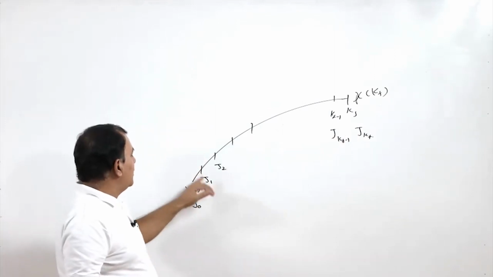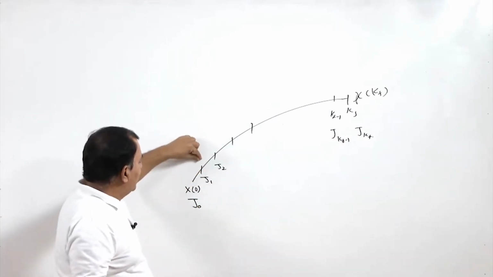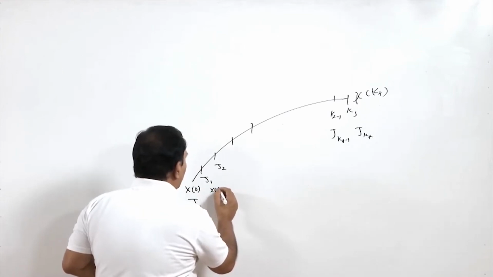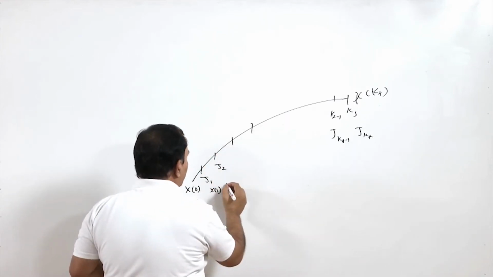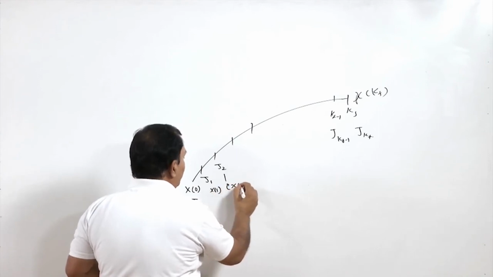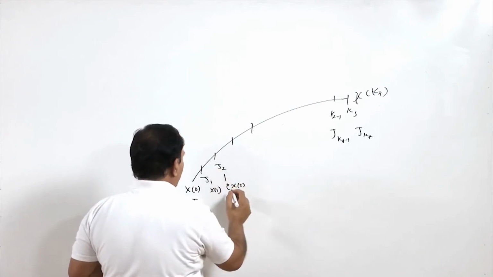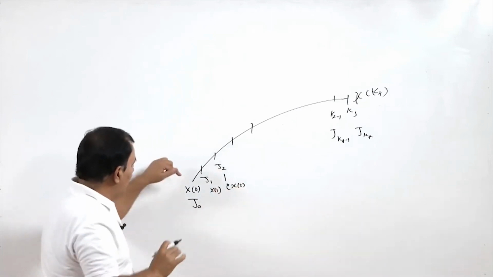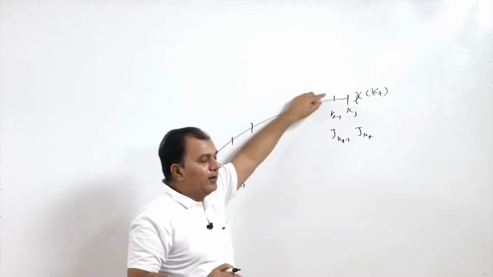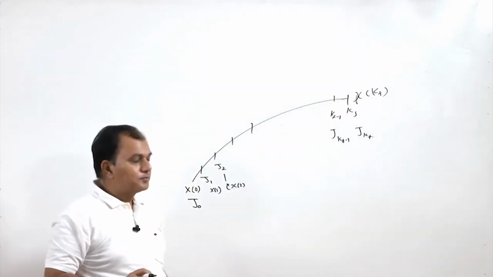J1 is the optimal cost to transfer the state from x1 to xf. J2 transfers the state from x2 to xf. So, these represent my optimal cost at the different values of i.